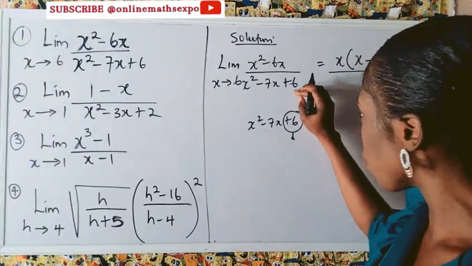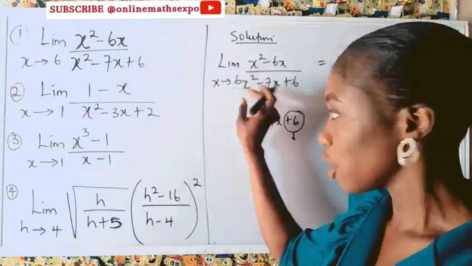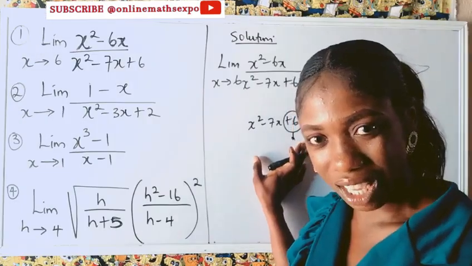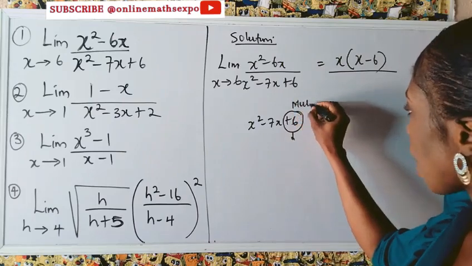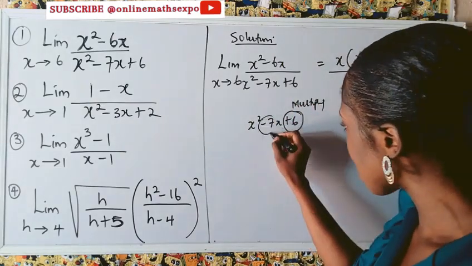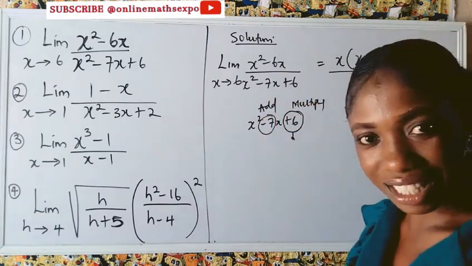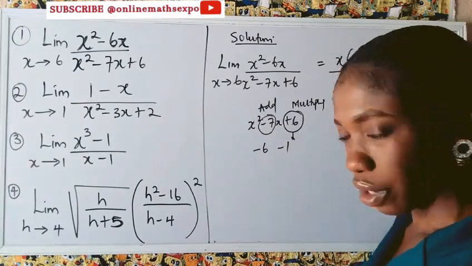So in that case, we just factor. But when it has a constant term, just like this, this is the method you use in factoring it. So we're going to have two numbers that when I multiply, it gives me positive 6, and when I add, it gives me negative 7. So what are the numbers? That will give us negative 6 and negative 1.